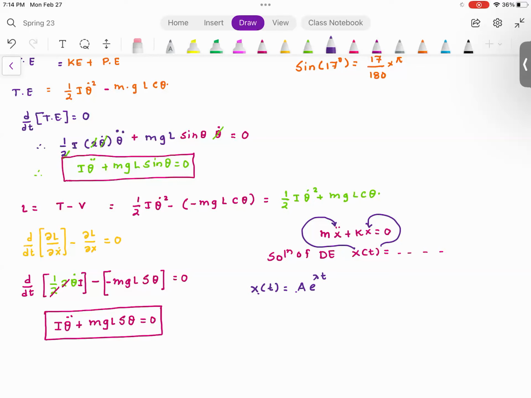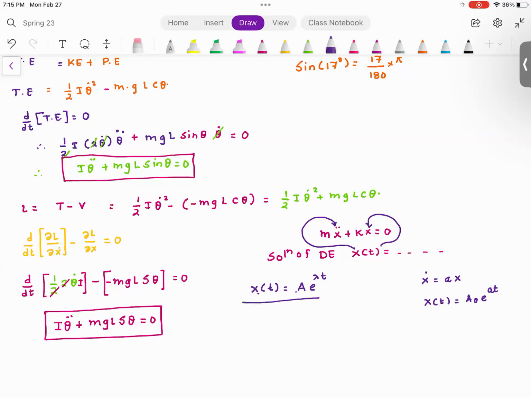If you were in my linear algebra class, remember we solved an expression something like x dot is equal to ax. We found out the derivative and then found x of t is equal to some constant a e to the at. You agree with me? So the only thing I want you to remember from your differential equation class is this.